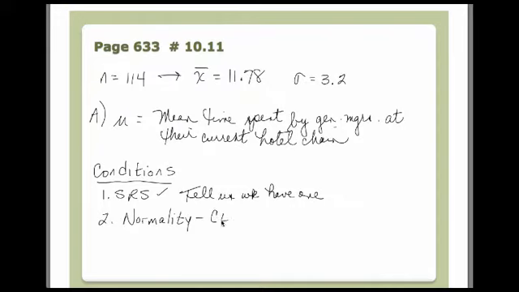So central limit theorem, given large N, the sampling distribution should be approximately normal.